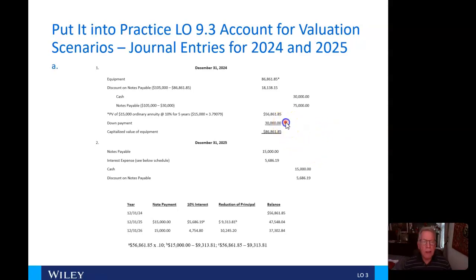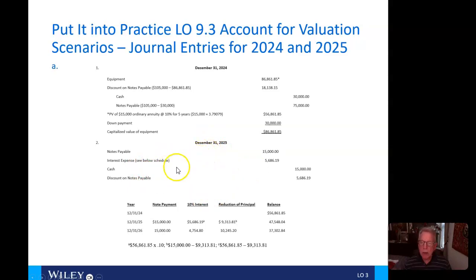We add the $30,000 already in present value, and that gives us the capitalized value of that new equipment. Now, we're going to pay $30,000 in cash, and we're going to have a note payable for $75,000. We get that by taking the $105,000 and subtracting $30,000. So that difference represents an $18,138.15 discount. A little complex there, but I think you can follow that arithmetic.